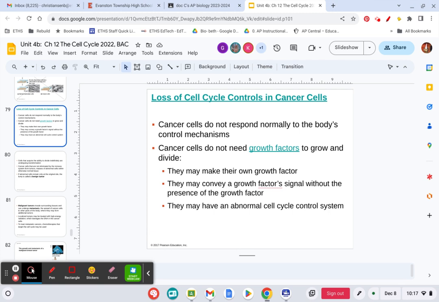Not only that, but they can actually make it seem like there's a growth factor there when there's not. Sometimes they just have abnormal cell cycles. Long story short, something's going wrong and they're not being kept in check like they should be with the cell cycle control systems that we have.